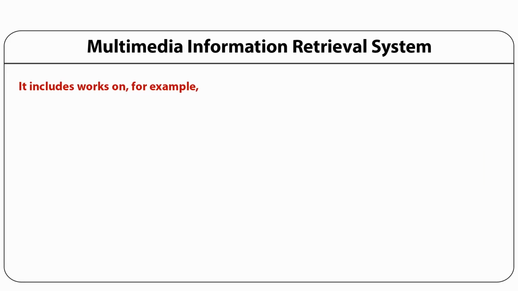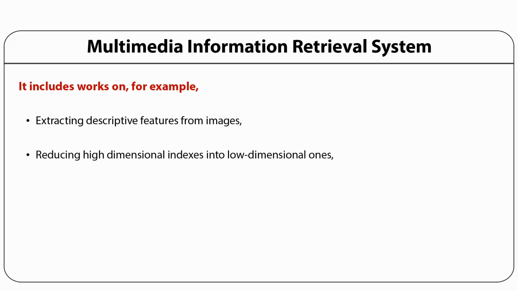It includes work on, for example, extracting descriptive features from images, that is, extracting features like emotions, colors, and other features, which we will discuss later in the image information retrieval system. What are the features of images? Then reducing high dimensional indexes into low dimensional ones.